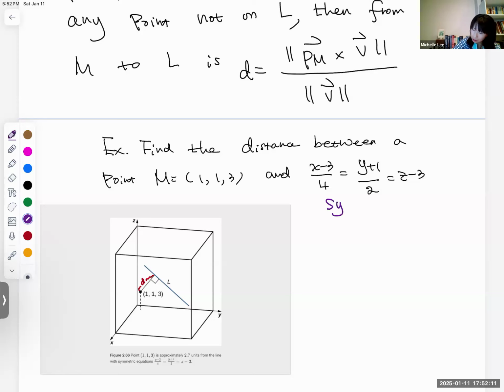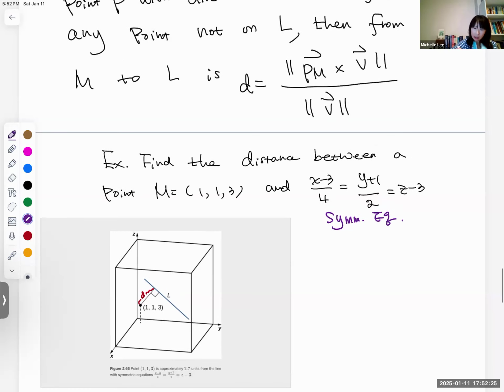Then let's find the parametric equation. Why? Because we want to know about the vector. So we need to find vector PM, where P is from here, and vector V as well.